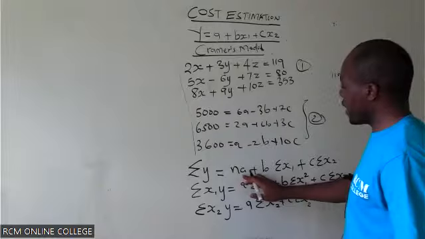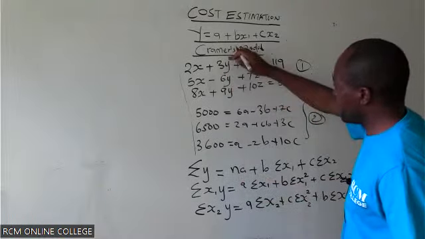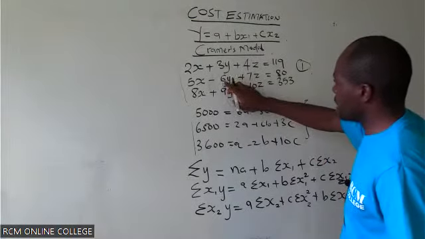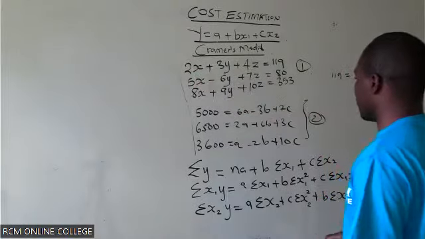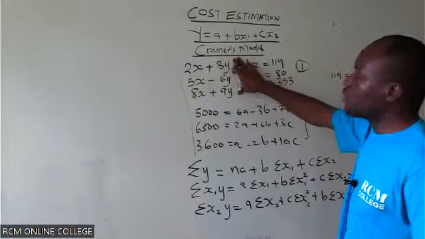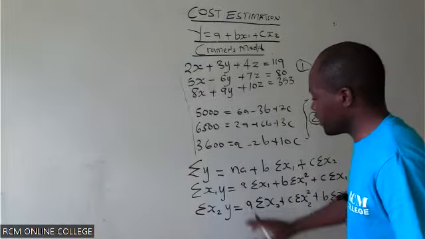So your N maybe is 3. This is what we are going to use for you to be able to arrive at this. But I want us to use practical data, whereby you start from zero up to this particular point.